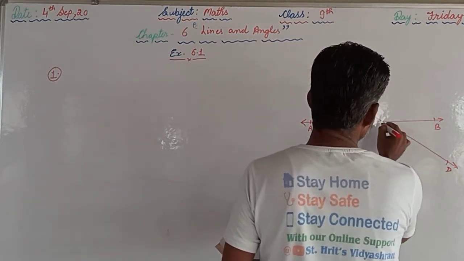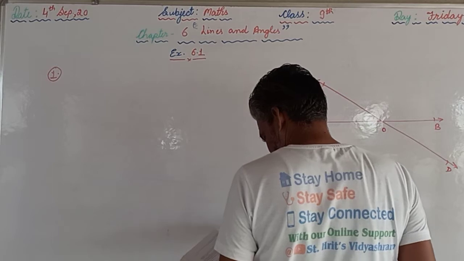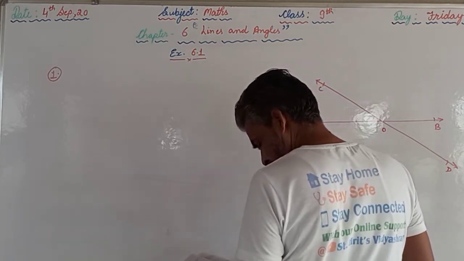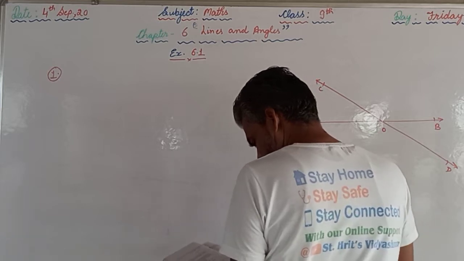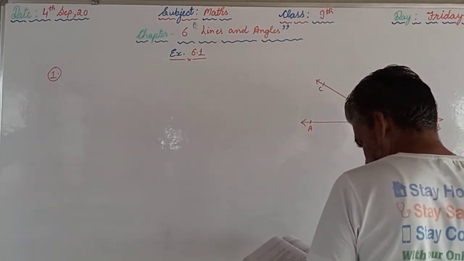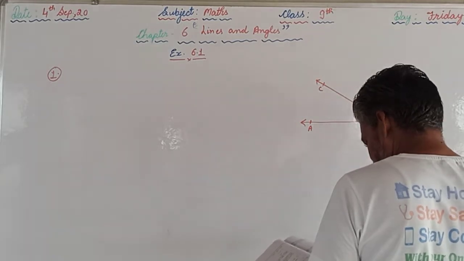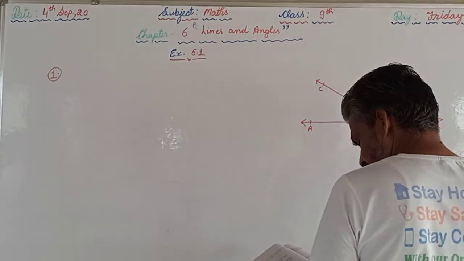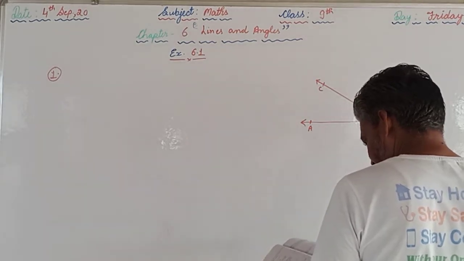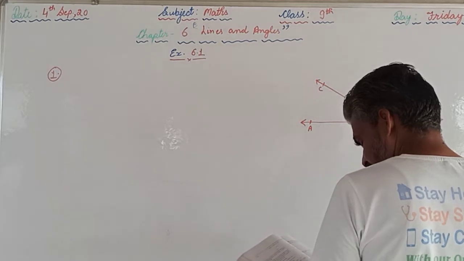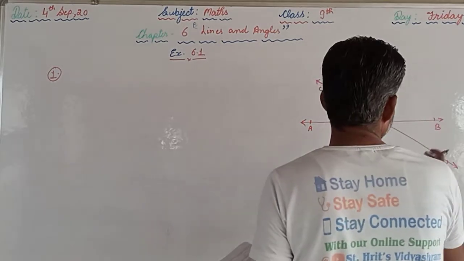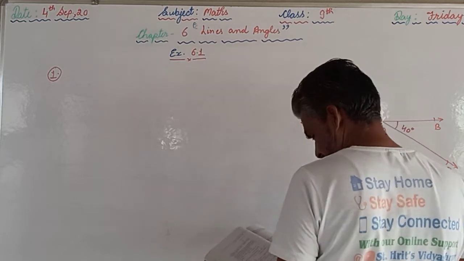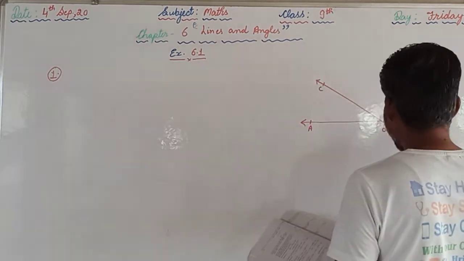CD intersect at point O, and if angle AOC plus angle BOE is 70 degree and angle BOD is 40 degree. Angle BOD is given 40 degree, and then one line OE is also given.